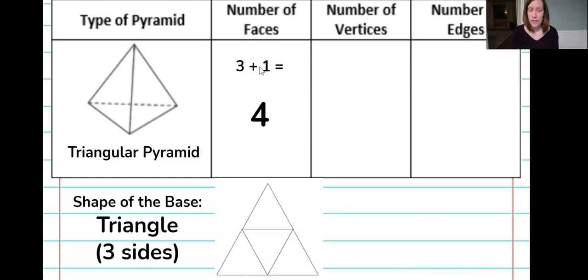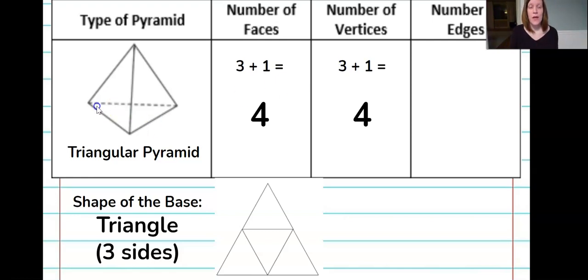For the number of vertices, we say, okay, well, a triangle has 3 corners, right? So our base has 1, 2, 3 vertices, and then one common vertex at the top. So we would have 3 vertices plus 1 vertex at the top, 4 vertices total. Again, we use that 3 for the number of edges.